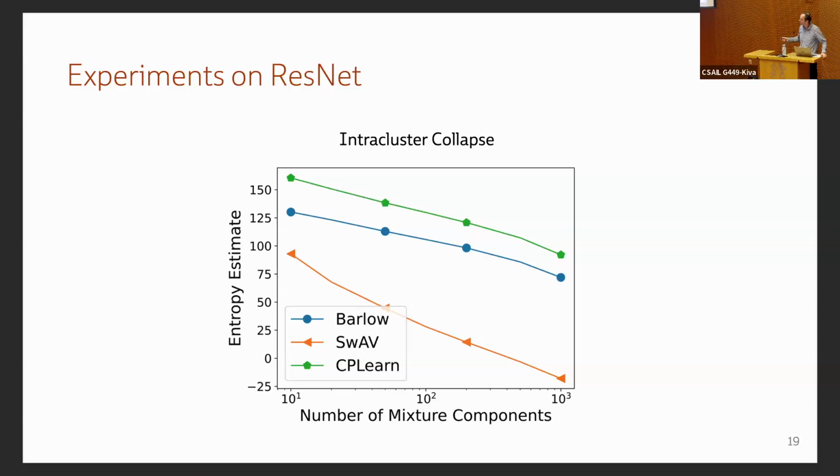For each of these 10 components, we compute the entropy of these mixtures, and we plot the entropy for each of the different components. Now you can see that if you look at SWAV or Barlow twins, they achieve a much lower curve compared to what we are achieving. And so here is the main advantage, where you can clearly avoid or mitigate this problem of intra-cluster collapse.